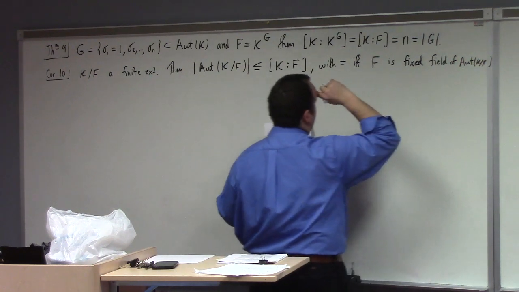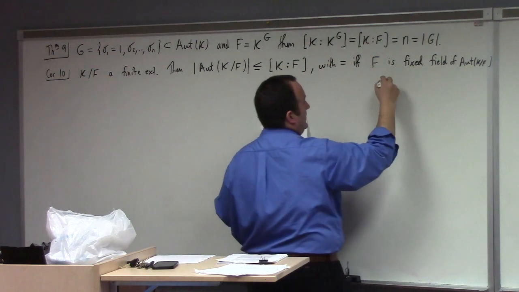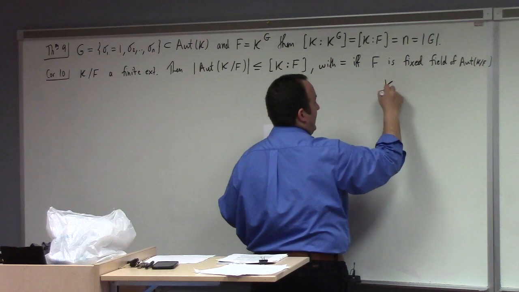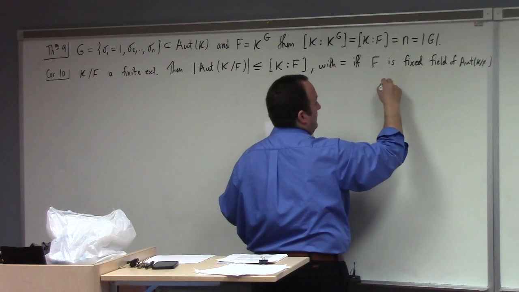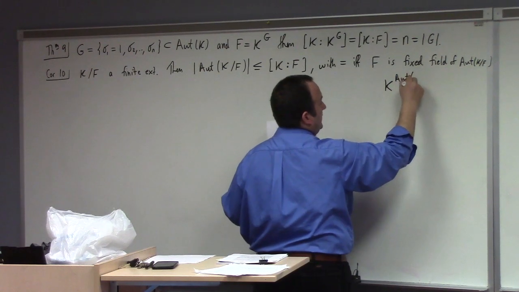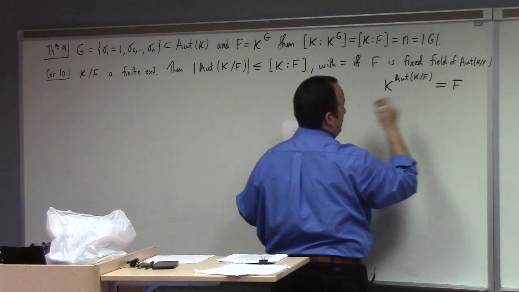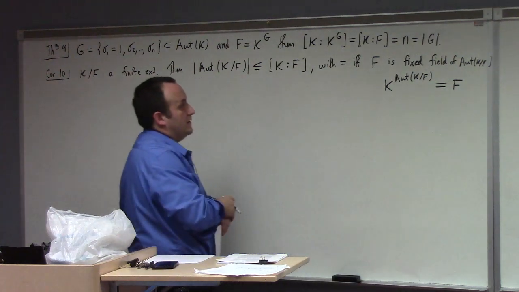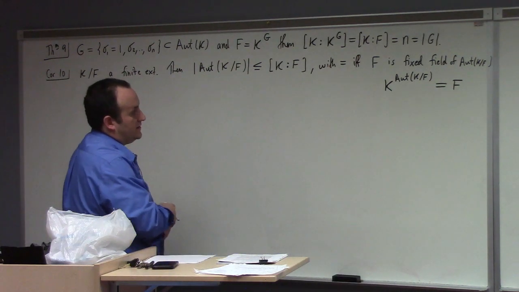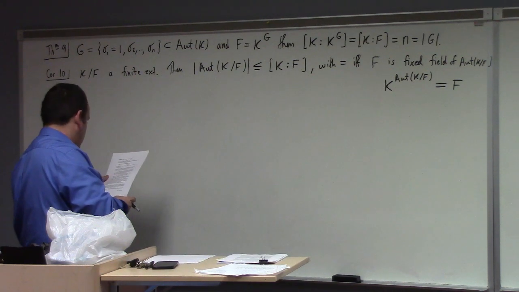Let's see here. I guess that in our other notation would mean that Aut K over F equals F. So the fixed field of, well, son of a gun.